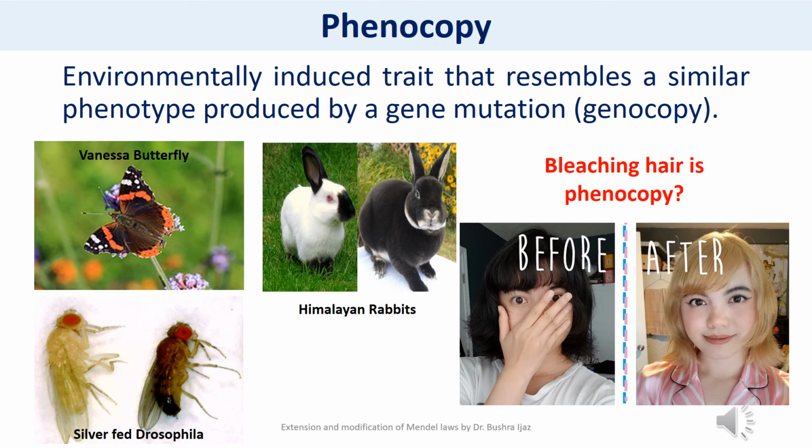Then we have another example of phenocopy in Drosophila melanogaster. The larvae of Drosophila melanogaster have been found to be particularly vulnerable to environmental factors which produce phenocopies of known mutations. These factors include temperature shock, radiation, and various chemical compounds.